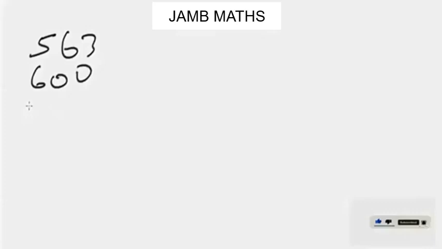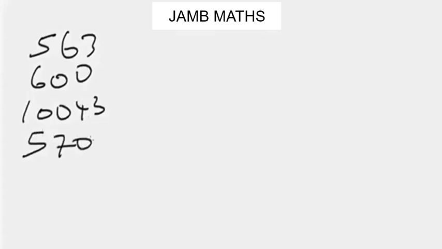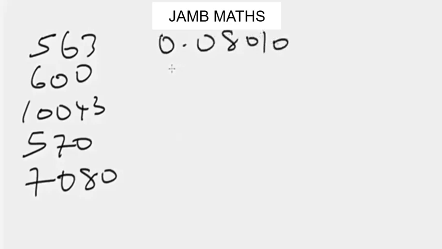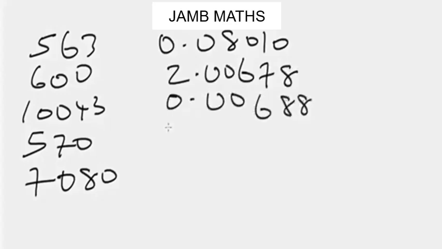So let's say we are given 563, and we are given 600, we are given 43, we are given 570, we are given 7,080, and we are given 0.08010, and we are given, let's say, 2.00678, we are given 0.00688, and we are given lastly 347.567.